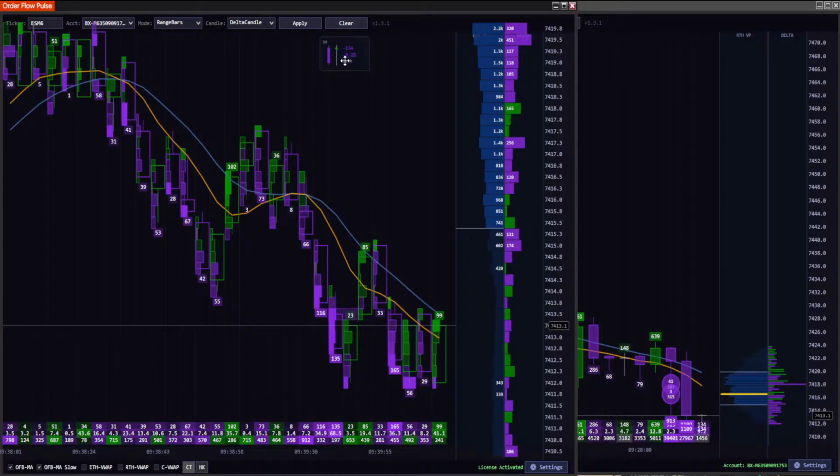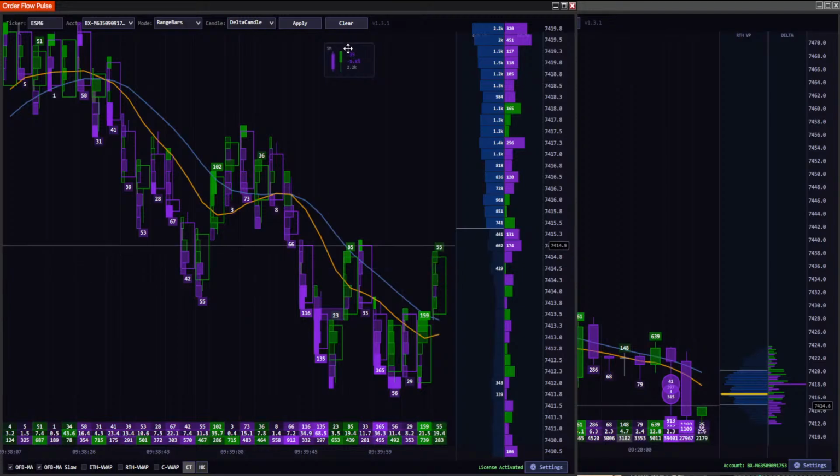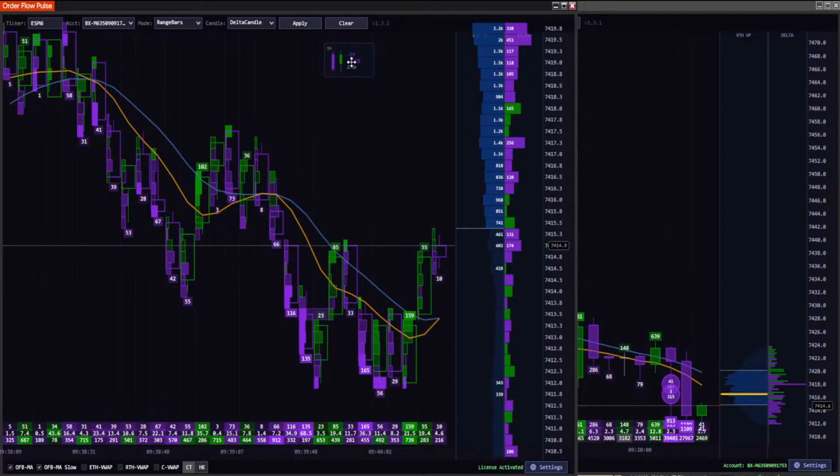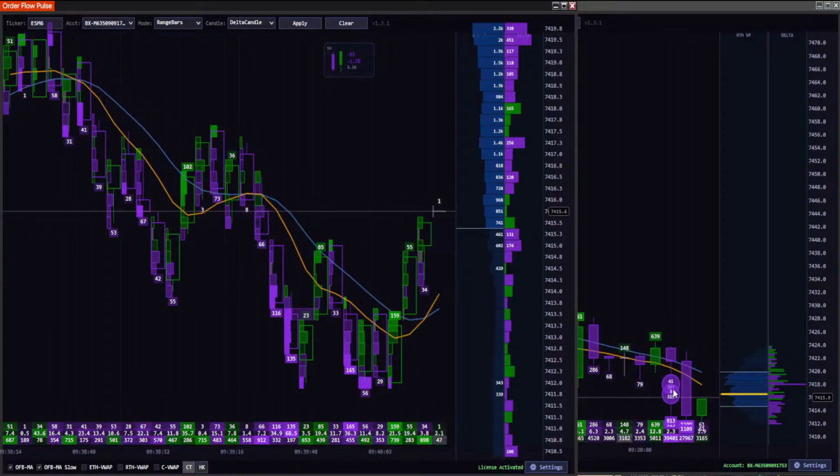As you can see right here, this little window right up top, this is the current 5 minute. We can't get above these big 700 aggregated sellers. That's the problem. We need to get above those aggregated sellers right there.